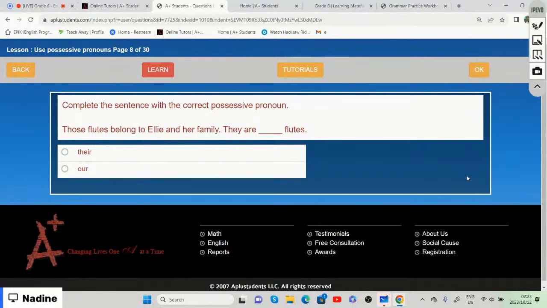Their flutes or our flutes? So those flutes belong to Ellie and her family. So we can say they are their flutes. And that is correct.